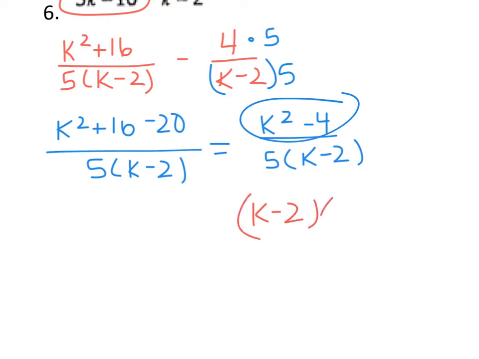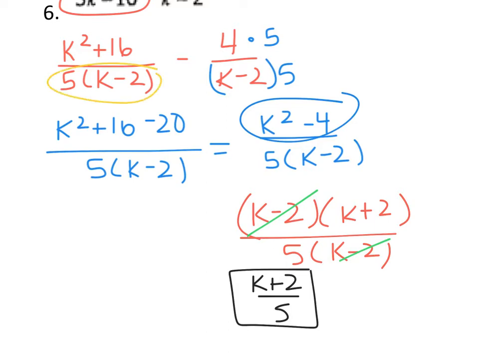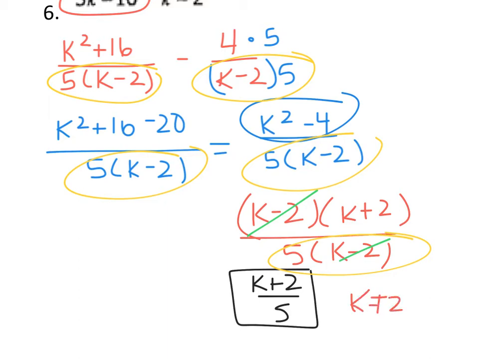So it's k minus 2, k plus 2 over 5 times k minus 2. So you'll have these common factors canceling out, and you'll end up with k plus 2 over 5. So when we do the restrictions, you've got to look at the beginning, the middle, and the end. So the only restriction is going to be k can't be 2, because you can't set 5 equal to 0.